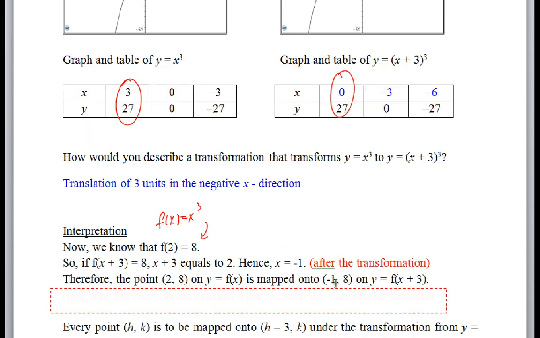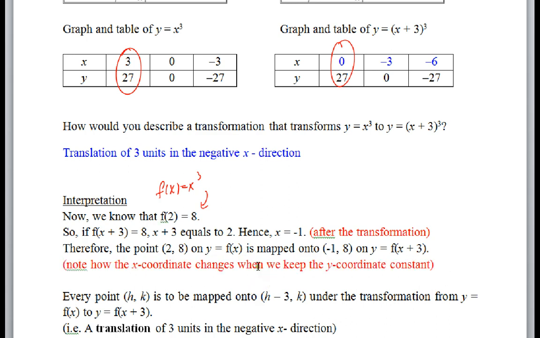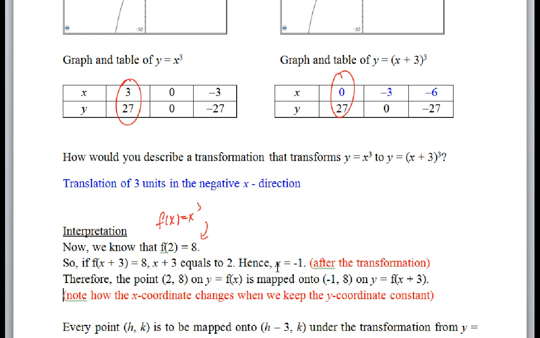Don't understand the words, you can go back and read. It really is okay. What I want you to note, more importantly, is that you understand this table. This table is more important than the words. If you understand the table, the words are fine. All you want to observe is that from here to here, all the x coordinates are minus 3.